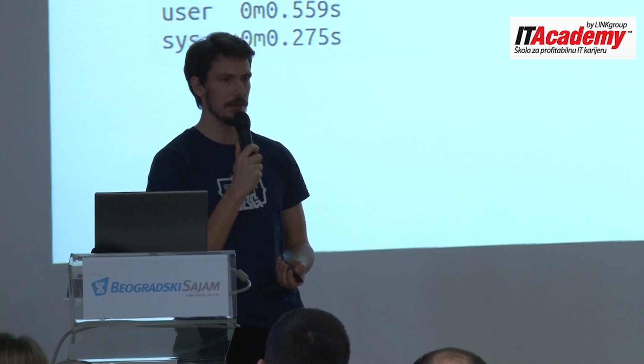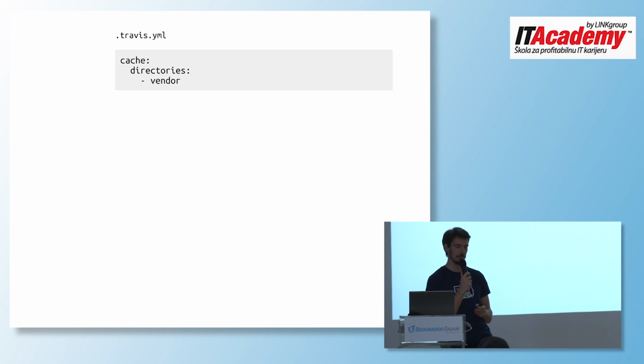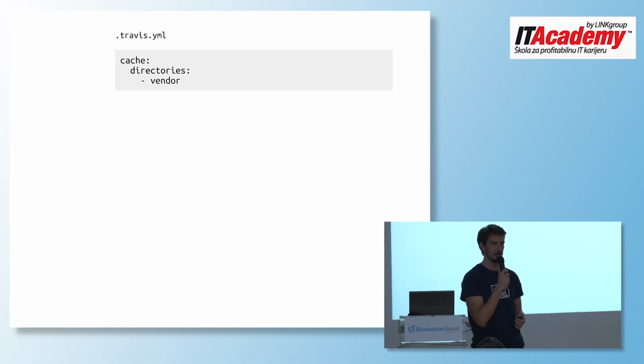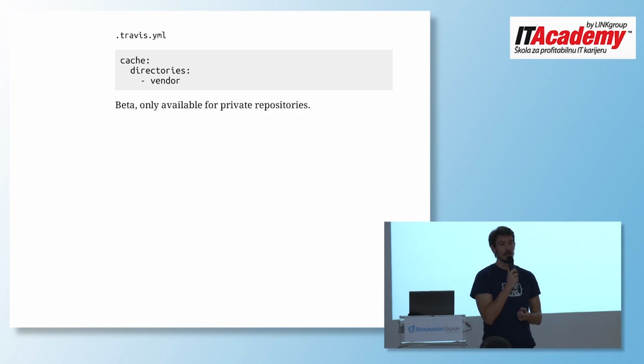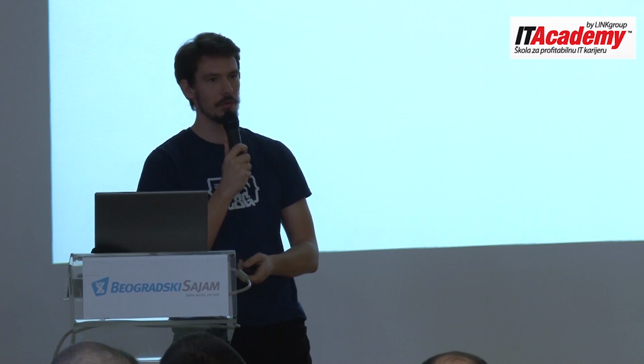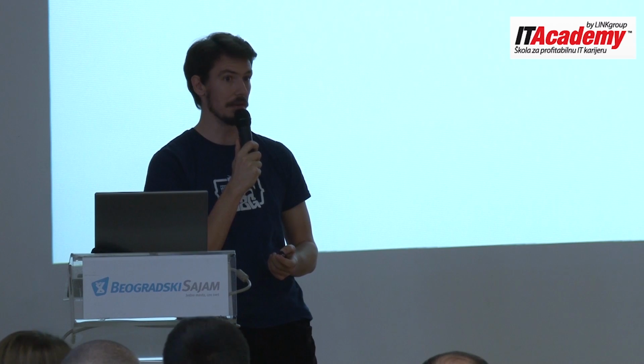Another thing Travis provides, unfortunately, for the moment not available to free repositories, only to paying members, is caching. So basically it can take your vendor directory for Composer, so the dependencies you have installed, and when the build is finished, it will copy the whole vendor directory to Amazon S3, I believe, for storage.